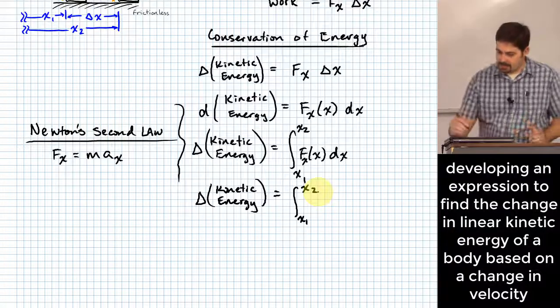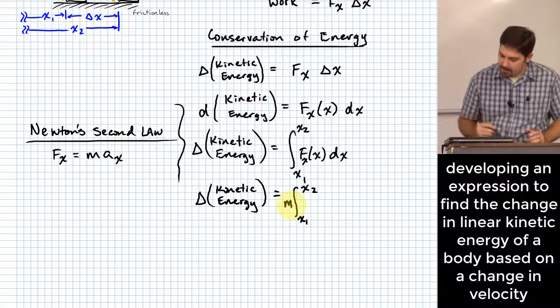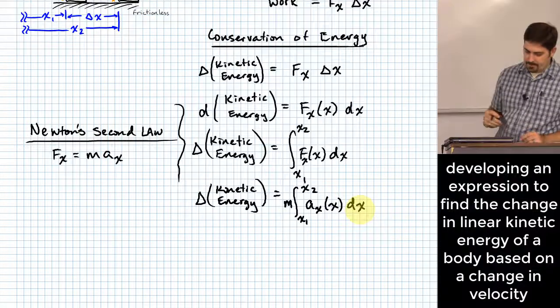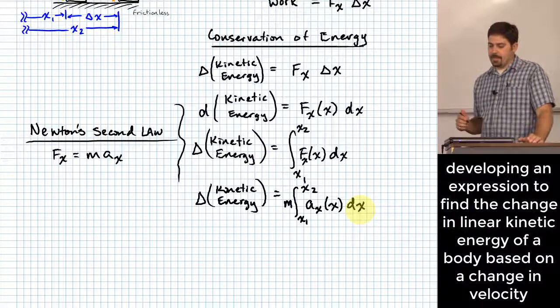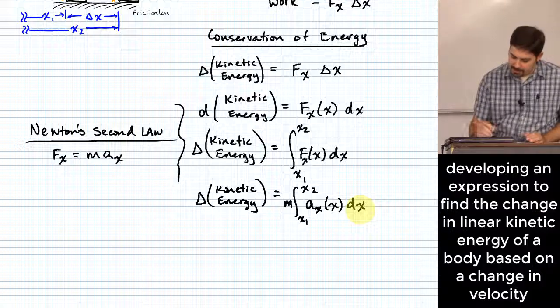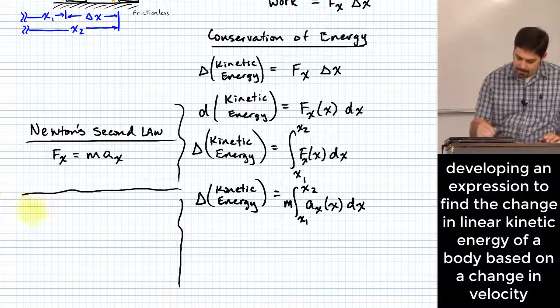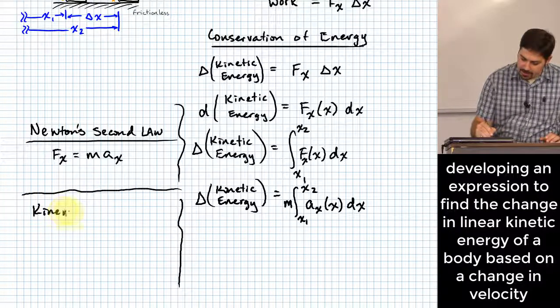M's not changing as this happens, so m can be pulled out of this, in which case I just have my x component of acceleration dx. All right? Well, now that's really interesting because we have another relationship here too. Okay, there's another relationship from one of our kinematic equations.